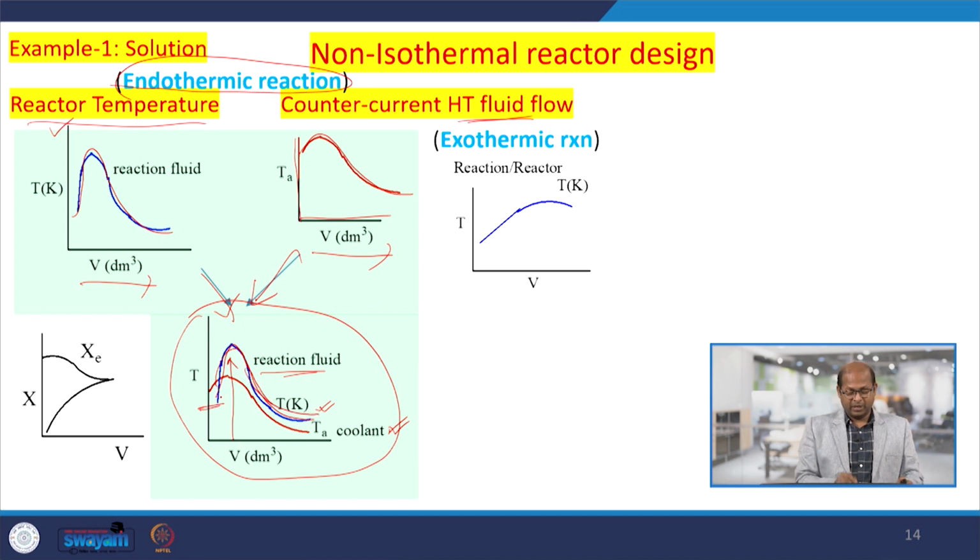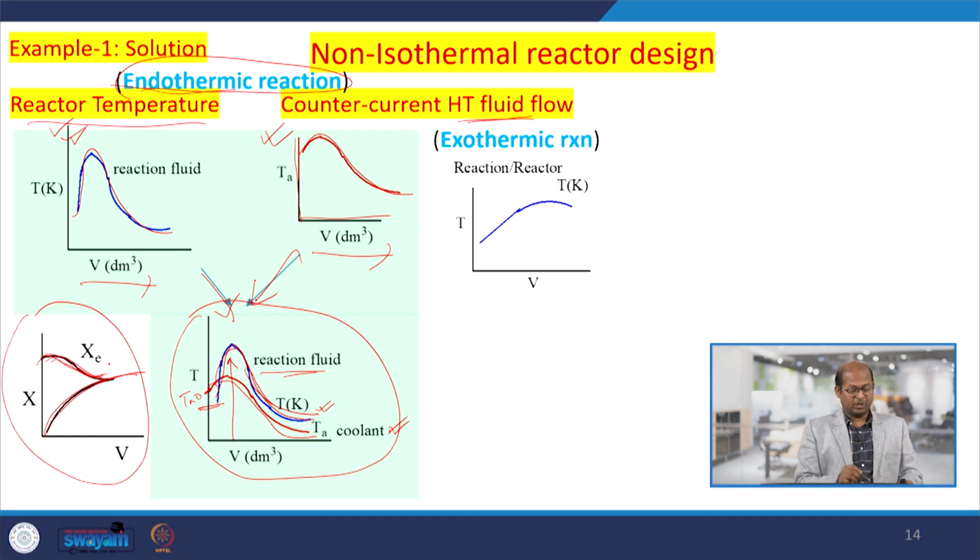The reacting fluid started from here, and the coolant temperature started from here at T A naught, the initial temperature, and the coolant temperature would vary like this. In a single diagram we can plot it either this way or this way. Since the reaction was endothermic, the conversion along the length will vary like this, and the equilibrium conversion for this system would follow like this.